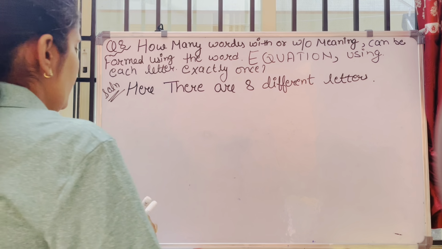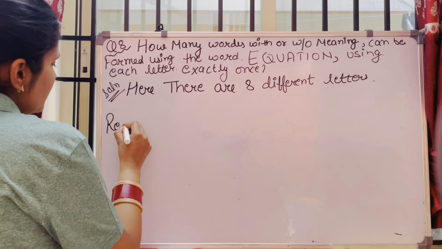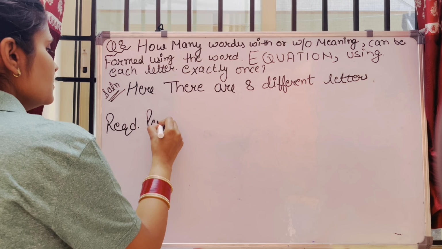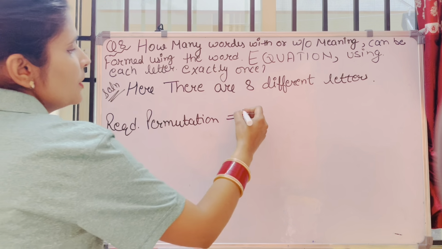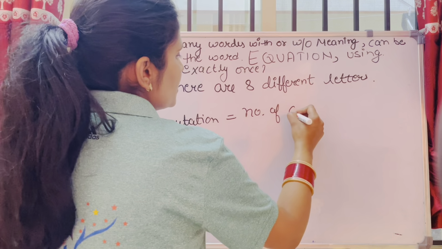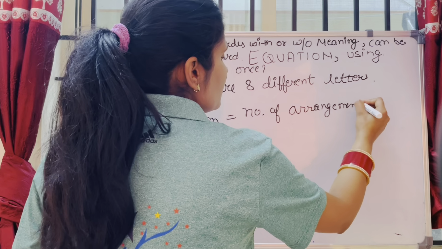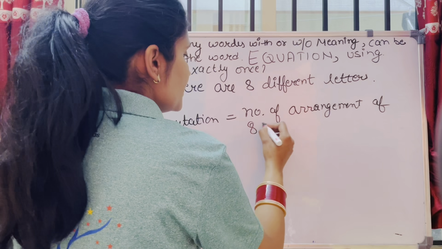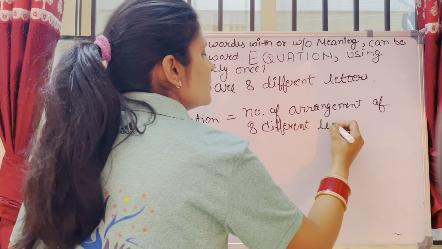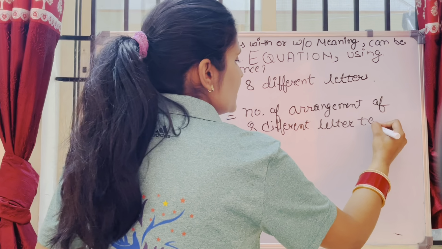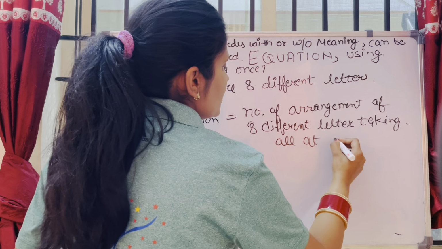Now we have to find the required permutation, which is equal to the number of arrangements of 8 different letters taking all at a time, right?